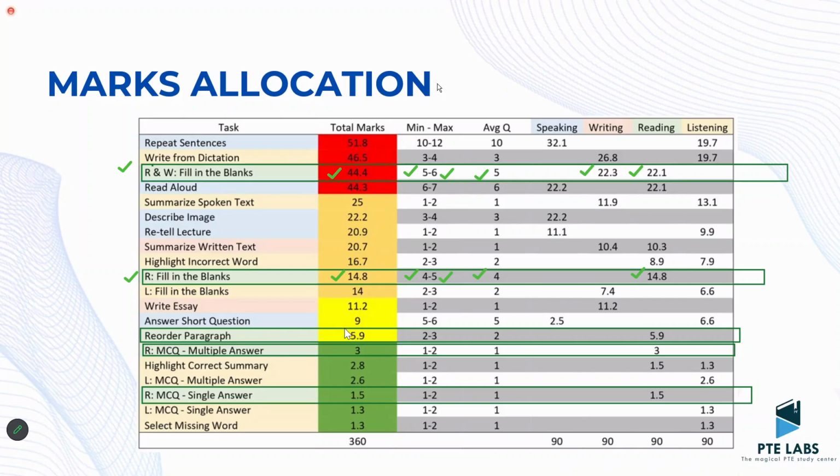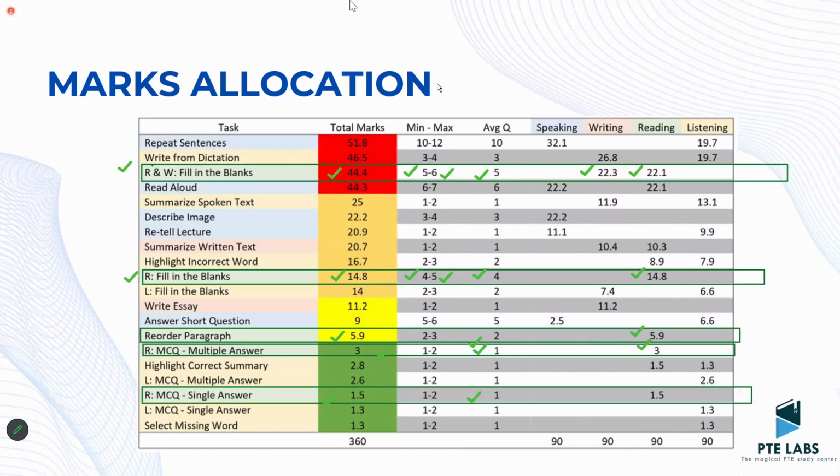Then you have reorder paragraph, with a total of 5.9. Normally you have 2 questions, no cross marking there. There can be room for a third question as well, depending on the other questions you get, but it's very rare. Then we have multiple choice, multiple answer with 3 marks for 1 question, no cross marking. And half of it goes to multiple choice, single answer, which is 1.5 for 1 question.